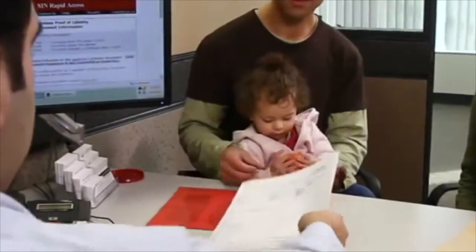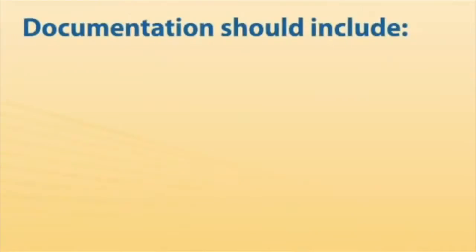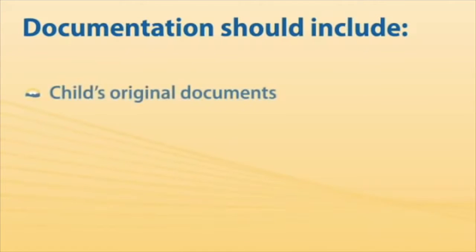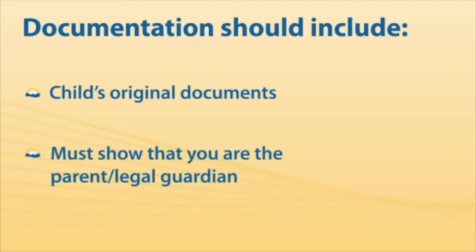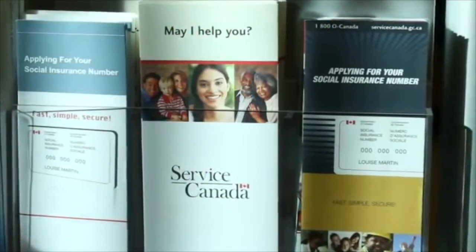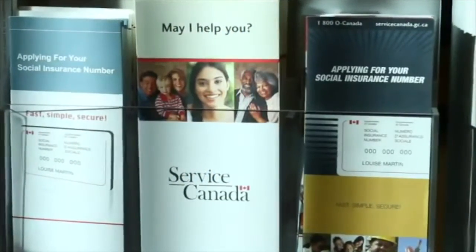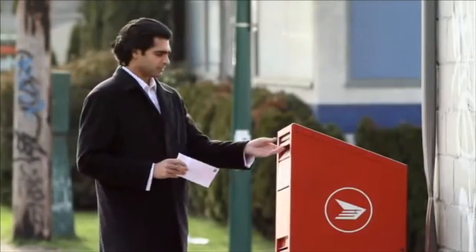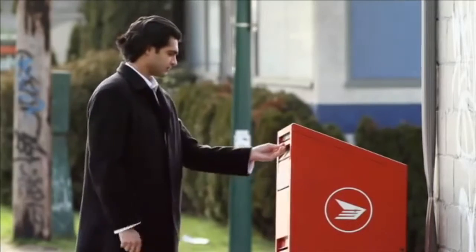There is no minimum age restriction. To apply, you must have your child's original documents that show you are the parent or legal guardian. If you want to apply by mail, obtain forms from the Service Canada website and mail original copies of all requested information.